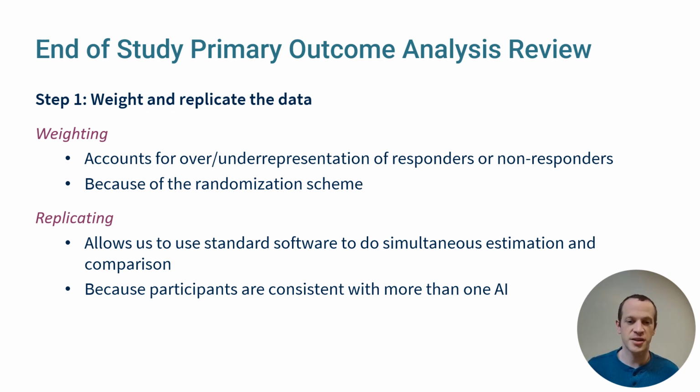So they essentially need to be included in both of those adaptive interventions for the purposes of performing the analysis. The other reason we do this is just that it makes the analysis more convenient. We can use standard statistical software to do simultaneous estimation and comparison of adaptive interventions.